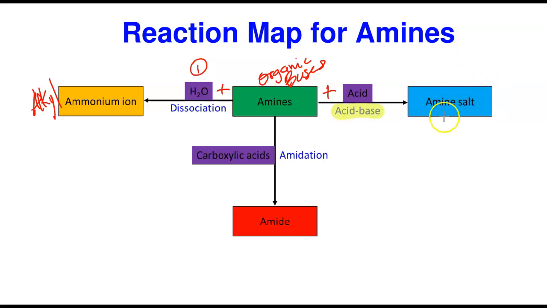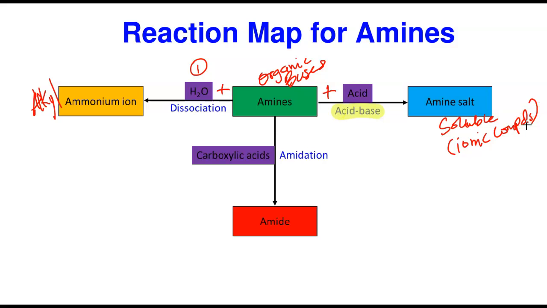And of course, amine salts are soluble. I told you that. They have high boiling and melting points, and they are ionic compounds. And we said this is the form in which most amine drugs are administered so that they will be soluble in the aqueous medium of the blood. So they are ionic compounds.